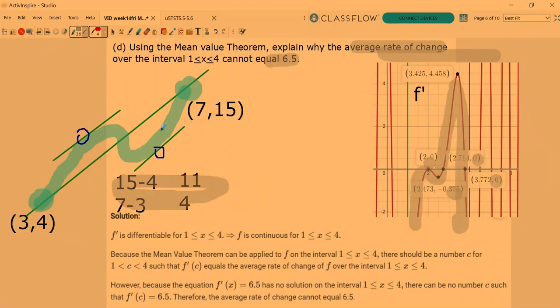Before, we said if the slope is equal to 6.5, then at some point it needs to be 6.5 in between. Now we're reversing that: because there is no 6.5 slope in between 1 and 4, the endpoints cannot have a slope of 6.5. And again, the function is continuous and differentiable.